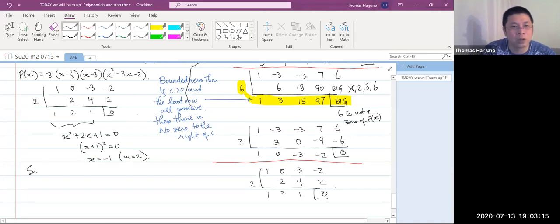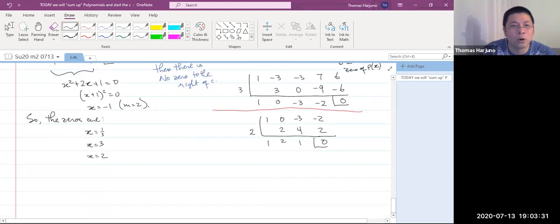So the zeros are x equals 1/3, x equals 3, x equals 2, all with multiplicity of 1, x equals negative 1 with multiplicity of 2.